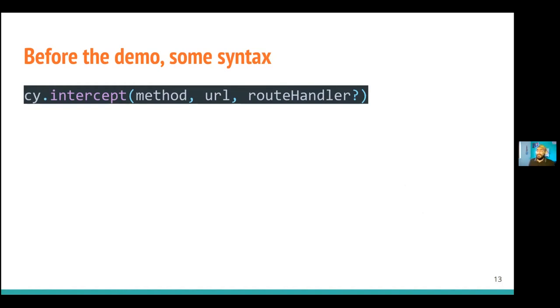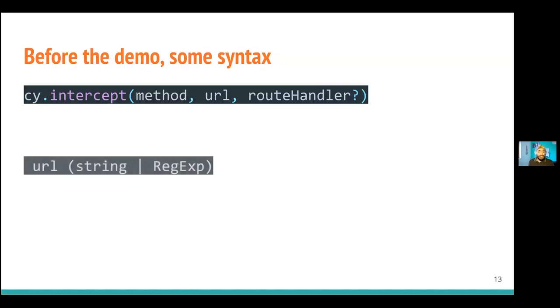The method is a string: get, post, put, delete. The URL is a string or a regular expression. Cypress uses something called minimatch. That is one way of giving it as a string which matches multiple things. You can give it a plain regular expression, or you can give it an exact string, in which case it will match the exact URL.